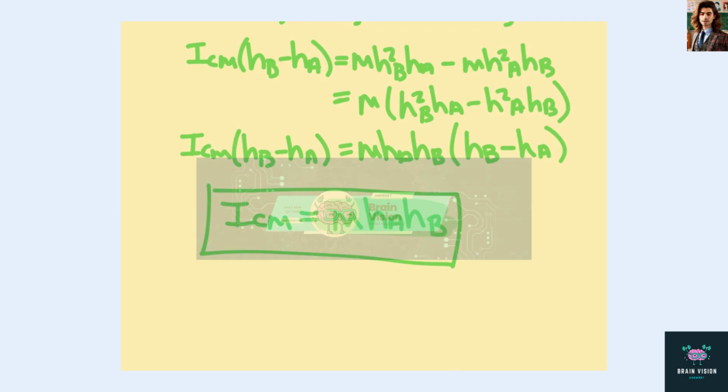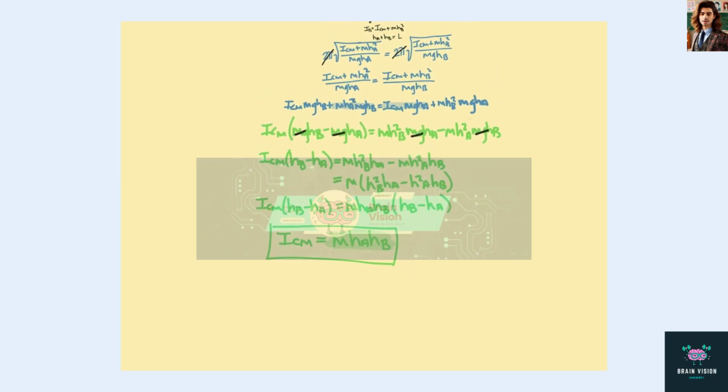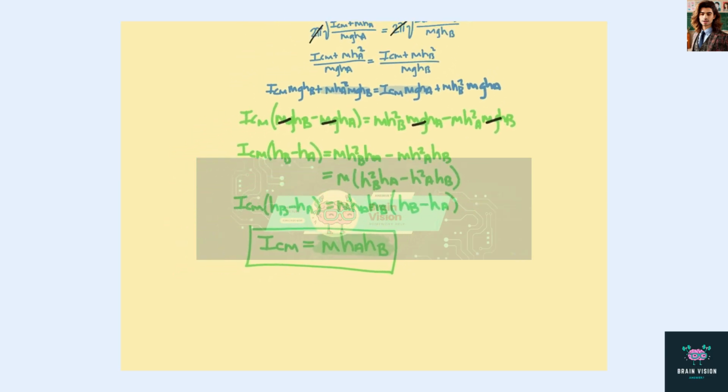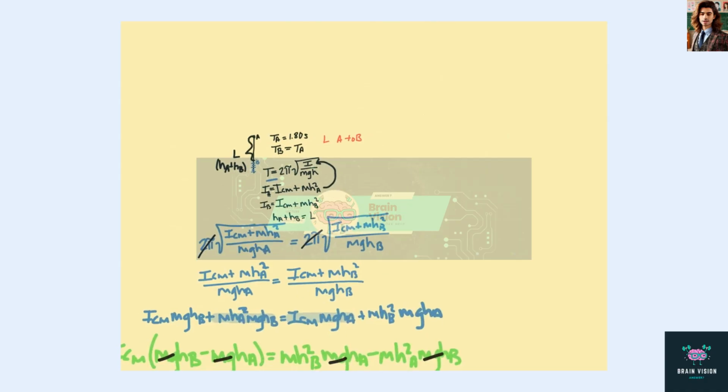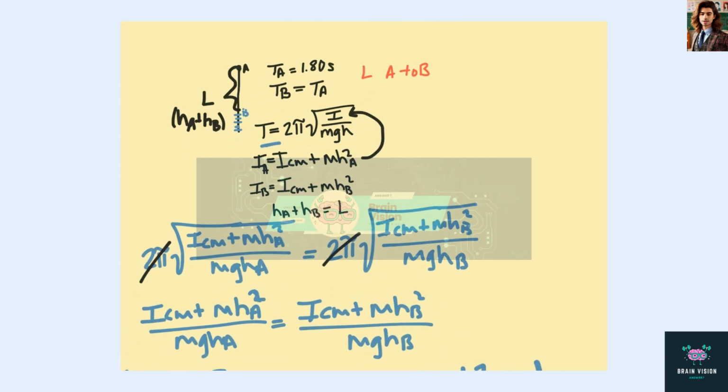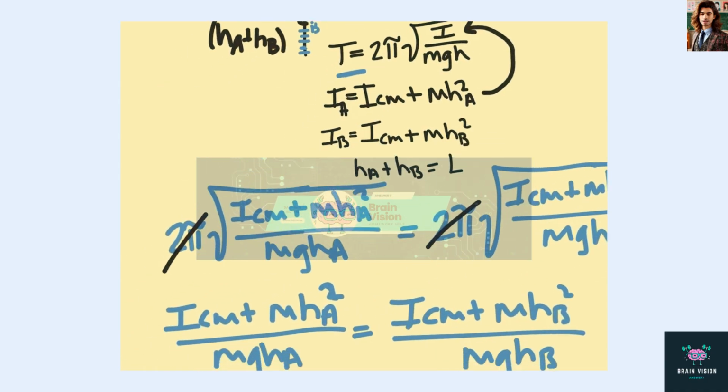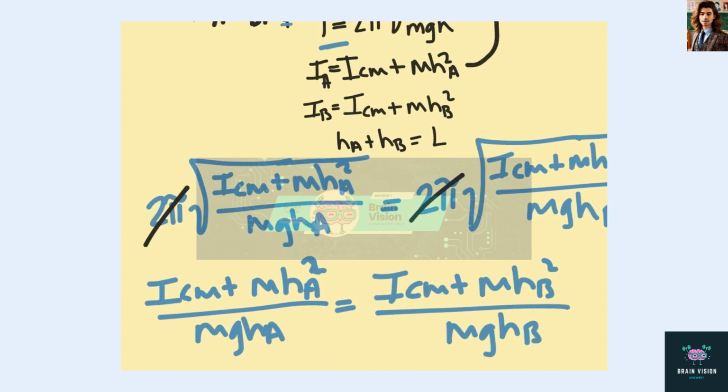So now we can substitute mass HA HB in for ICM. Going back up to our original equation, we can substitute what we just found in for our ICM.